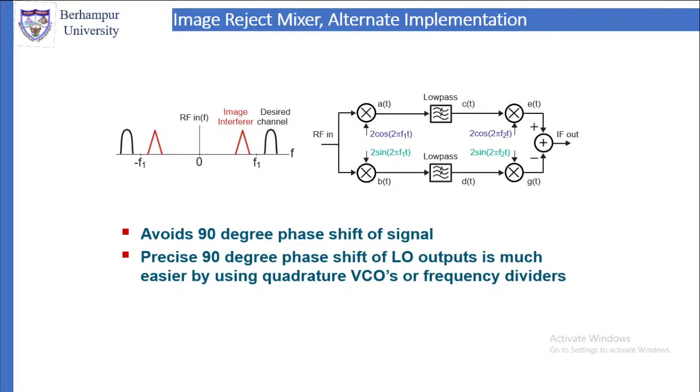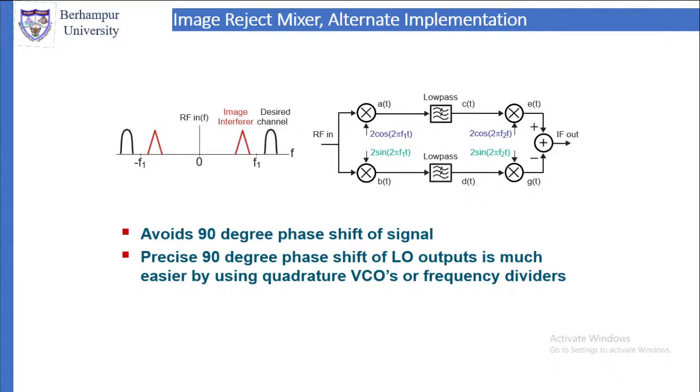Then we will consider an alternate implementation. Instead of going through two phase shifts of 90 degrees, how can we achieve this? So again here you can see we have the image interferer and desired channel, and that is for the RF.